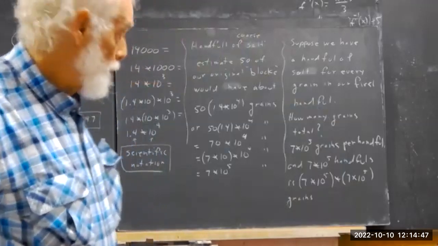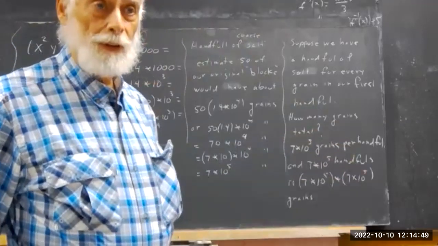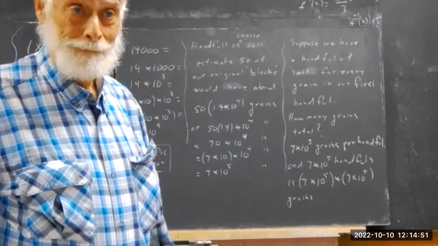That's 7 times 10 to the 5th times 7 times 10 to the 5th grains.